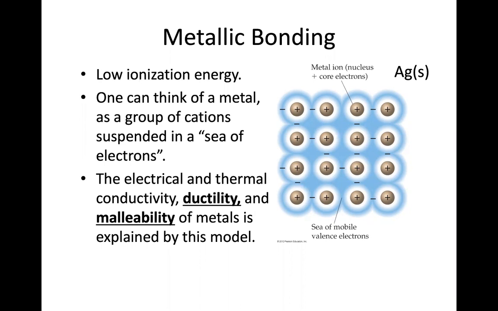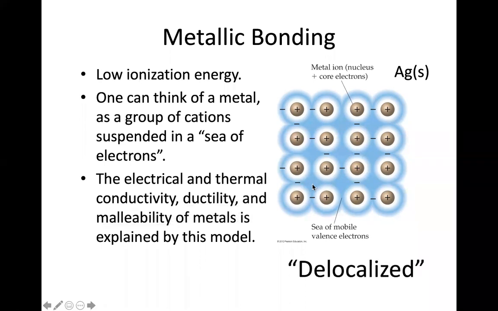When I say sea of electrons, I'm talking about the electrons being delocalized. Those valence electrons, as it became an ion there, were delocalized. This is a really powerful way to explain why metals have a high melting point, why they can conduct electricity, and why you can distort their shape. All of that is explained pretty well by this model.